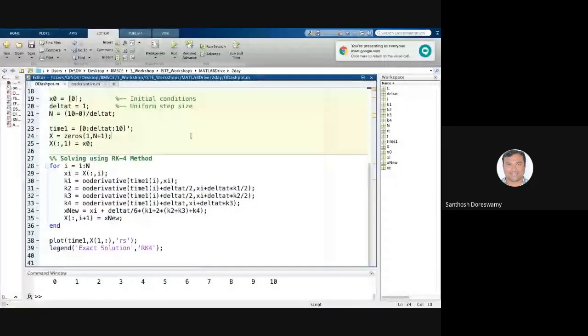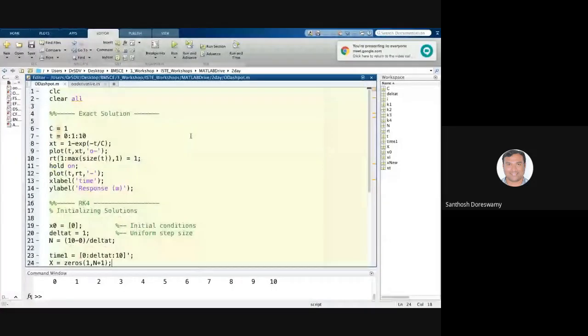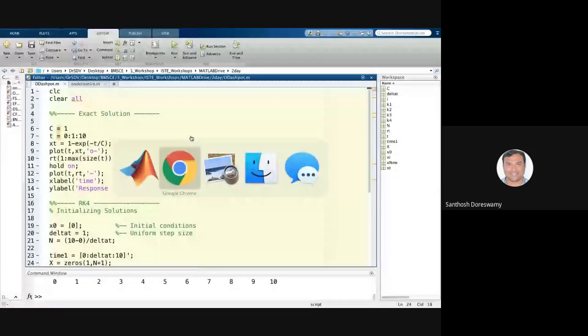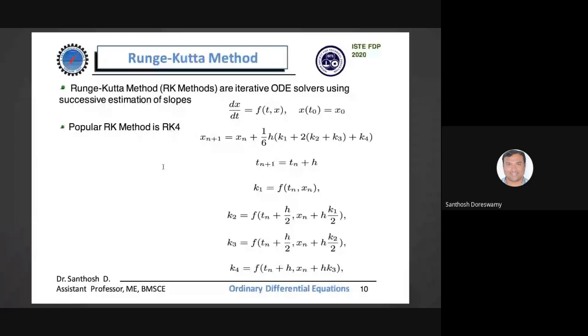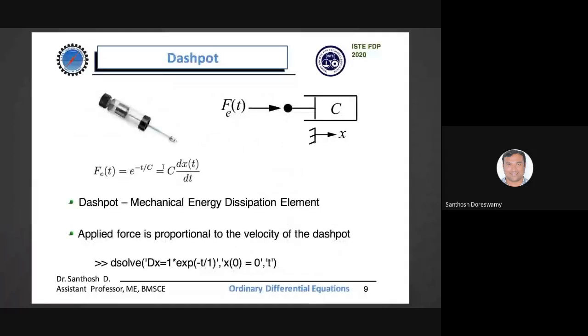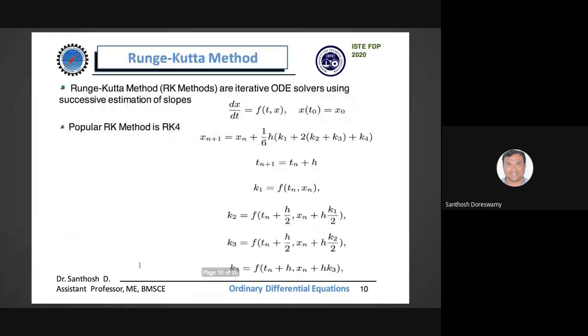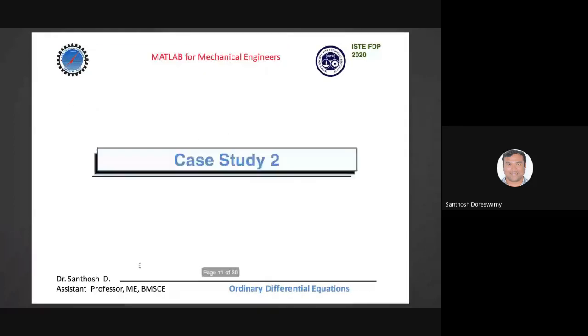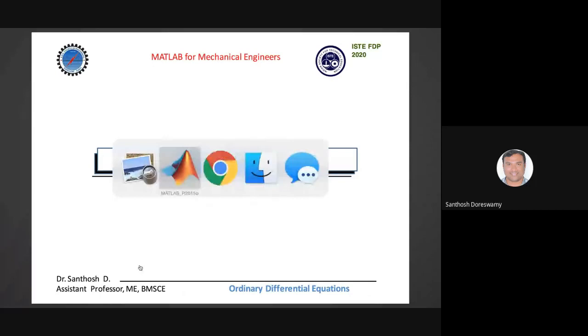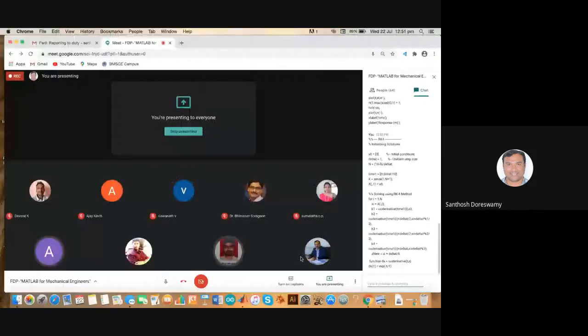So what we have done until now is, for this class of differential equation, c into dx by dt equals e to the power minus t by c, we have solved it using the exact solution and plotted that, and we've used a numerical technique, a popular iterative technique, the RK4 method, and we could get the solution in the numerical sense. If you have any clarifications, I can take some questions, otherwise I can move on.